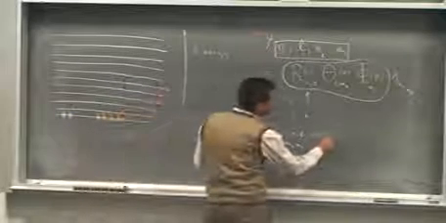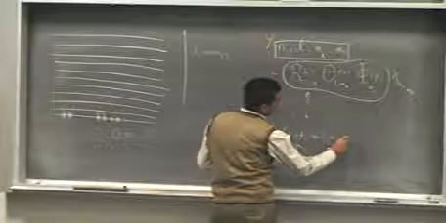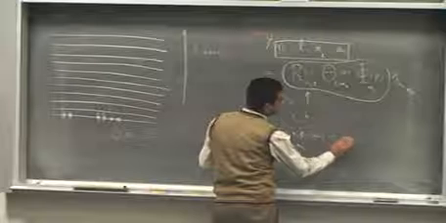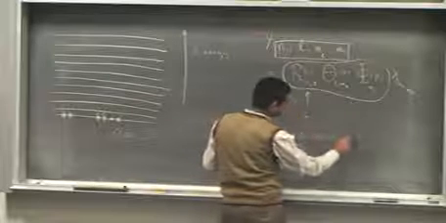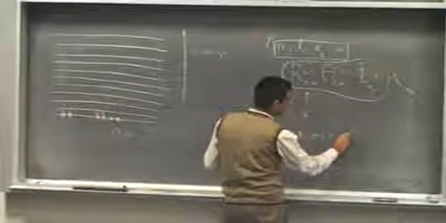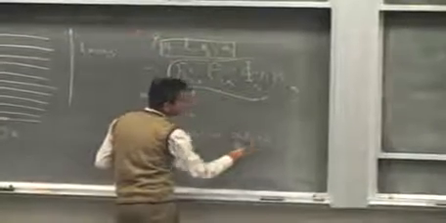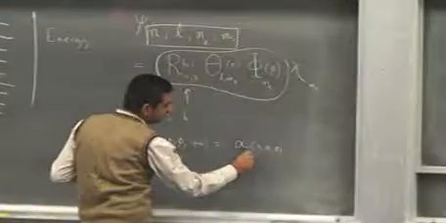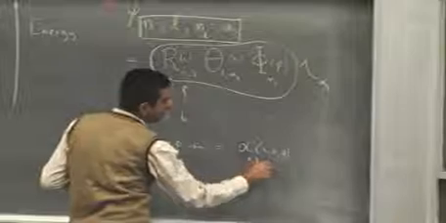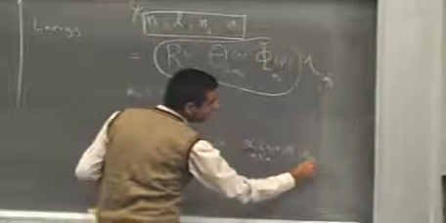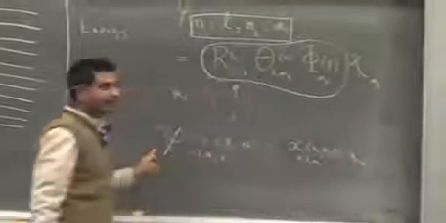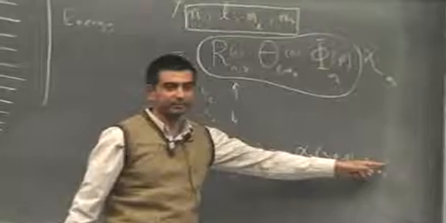So you have a spatial part, let's call it alpha, which depends upon r, theta and phi, and it depends upon n, l and ml, and chi, which depends only on ms. It does not depend upon a space variable.